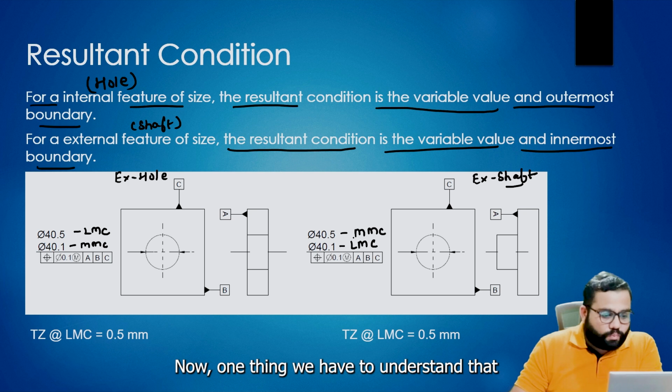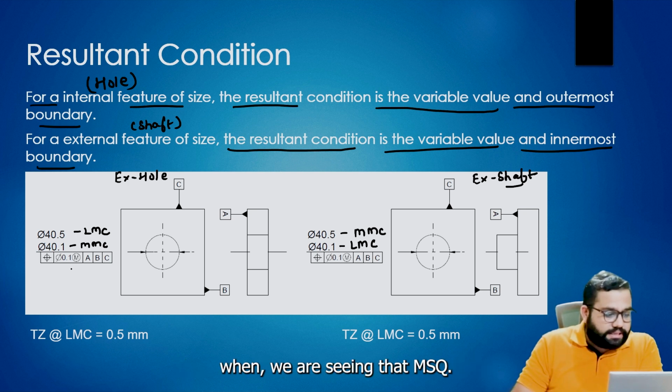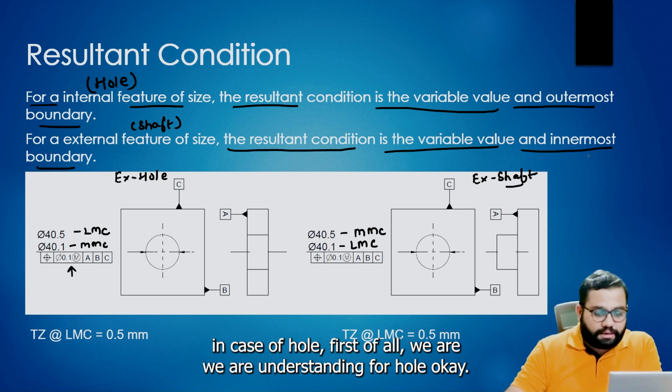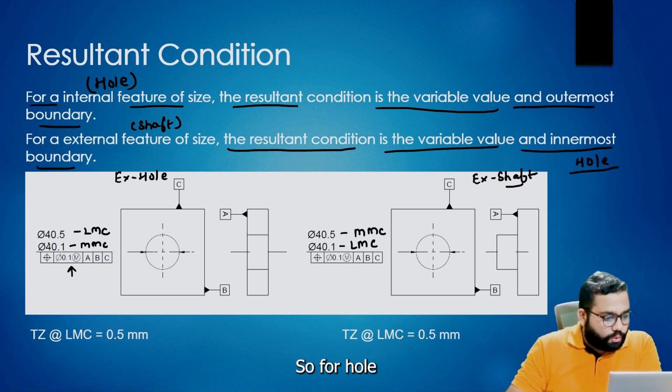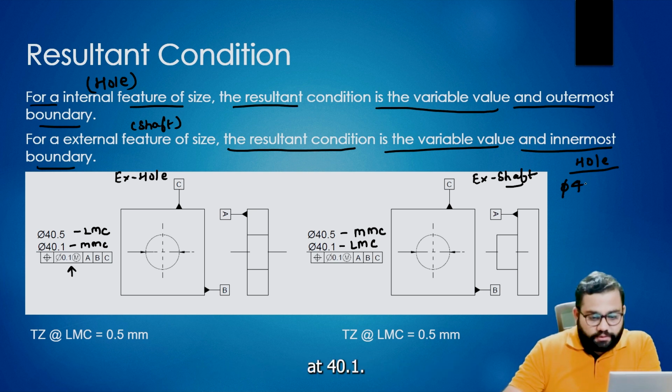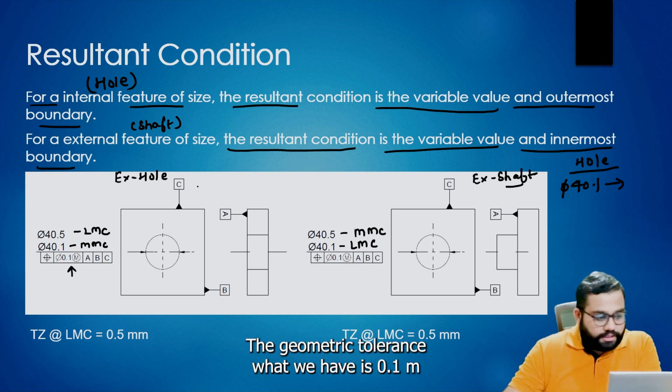Let us first understand the hole. At maximum material condition at 40.1 mm, the geometric tolerance we have is 0.1 mm.